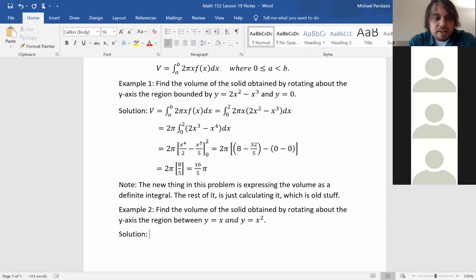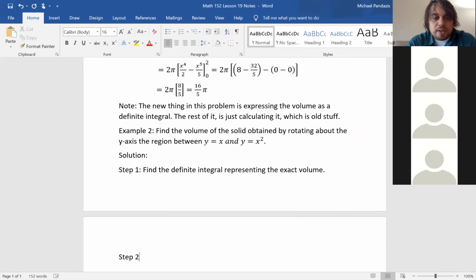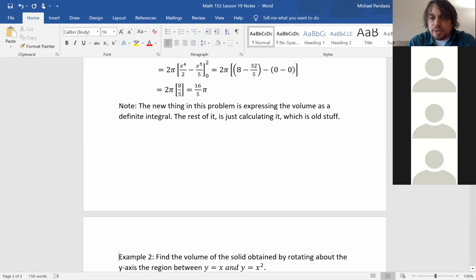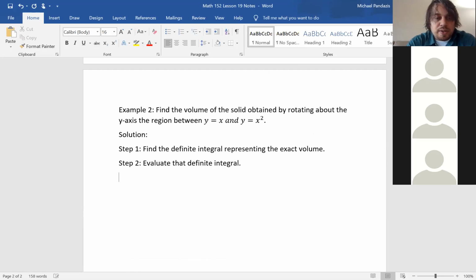Step 1, find the definite integral representing the exact volume. Step 2, evaluate that definite integral. Okay, so these are the 2 steps we're going to use to solve for example 2. So now let's do it.